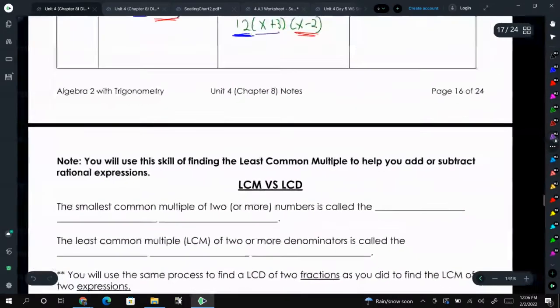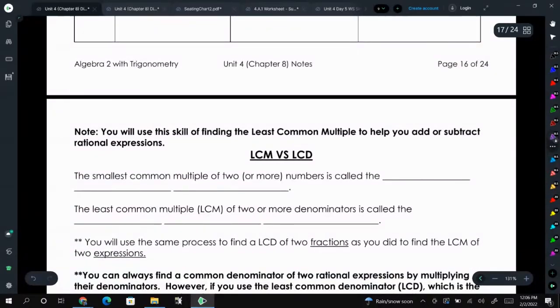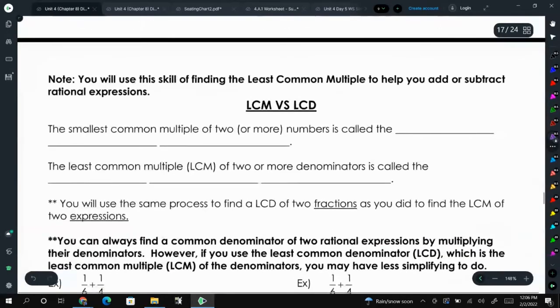So we're going to be using this skill of finding the least common multiple to figure out the least common denominator, and that will let us add or subtract these rational expressions. The smallest common multiple of two or more numbers or terms is called the least common multiple.